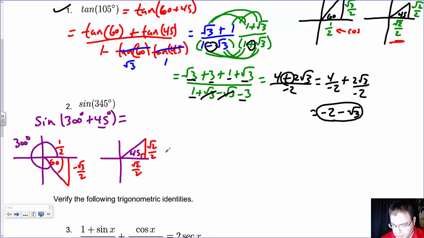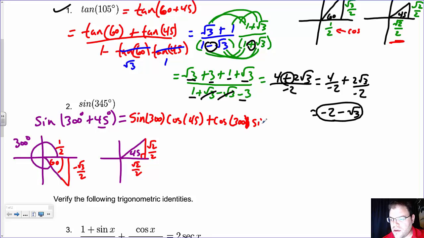So let's actually figure this out. This is going to be given as the sine of 300 times the cosine of 45 plus the cosine of 300 times the sine of 45. Okay, so that's what we're going to do.